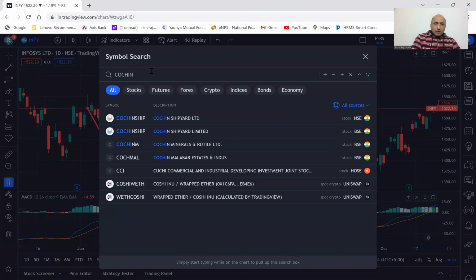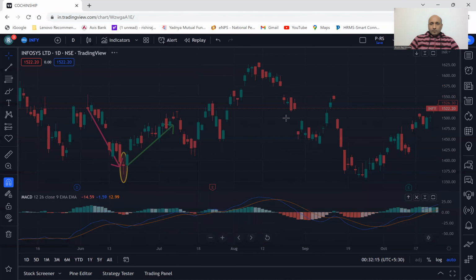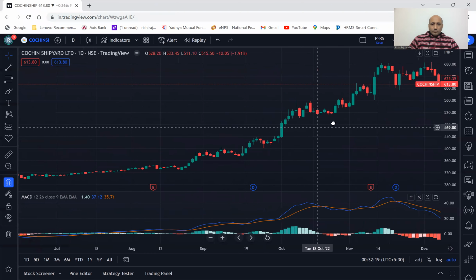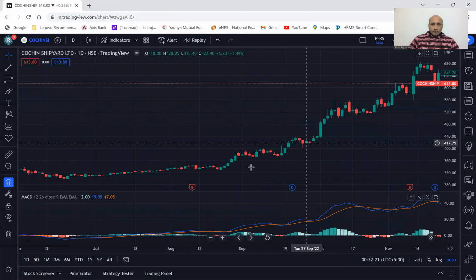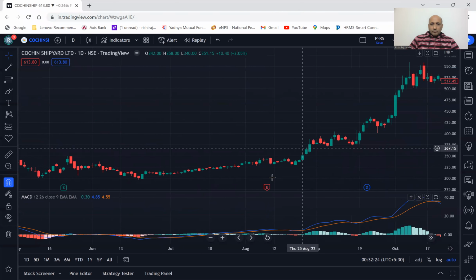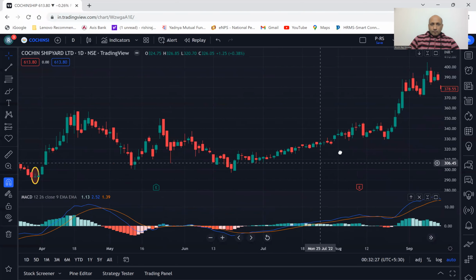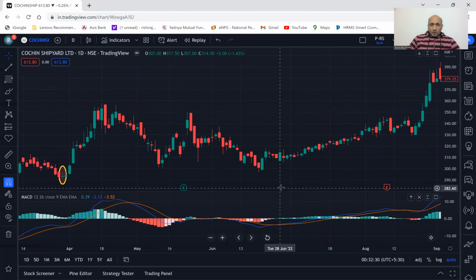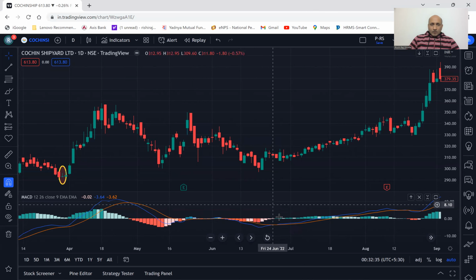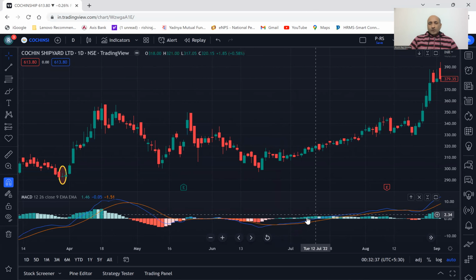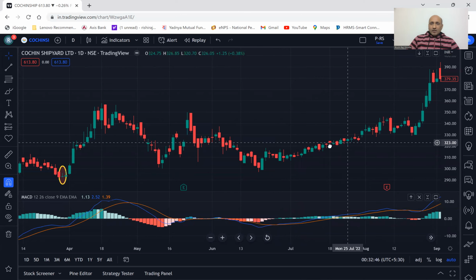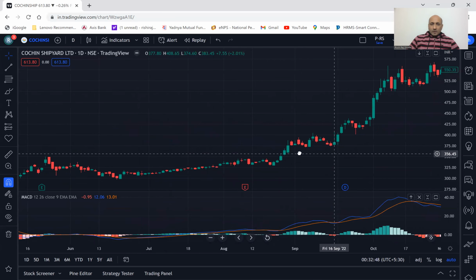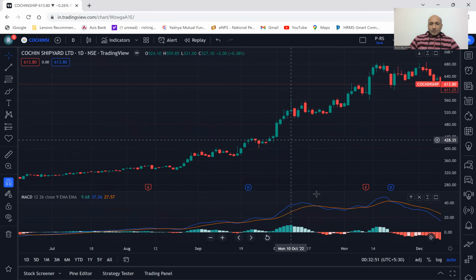Let us look at Sylvia. From here we can see this green candle, this coming positive histogram, and at the same time this blue line crosses the red line, and one can take a trade here and continue on this path till convincingly here.